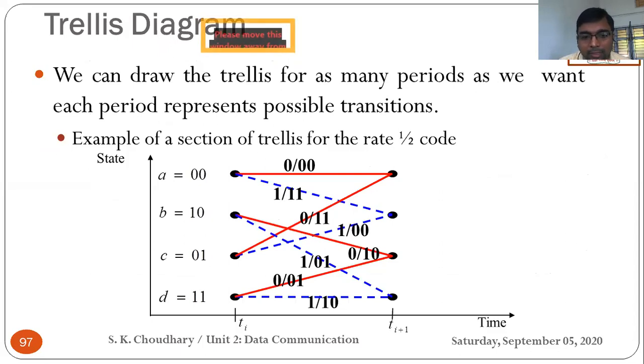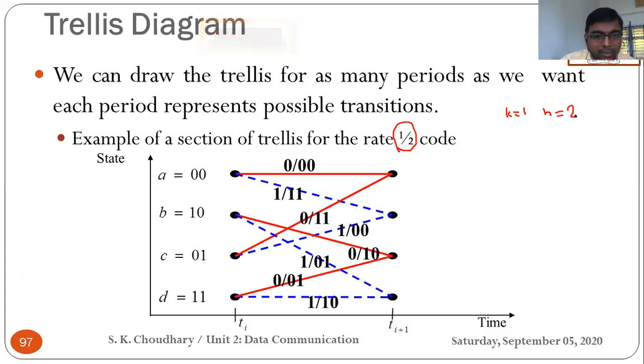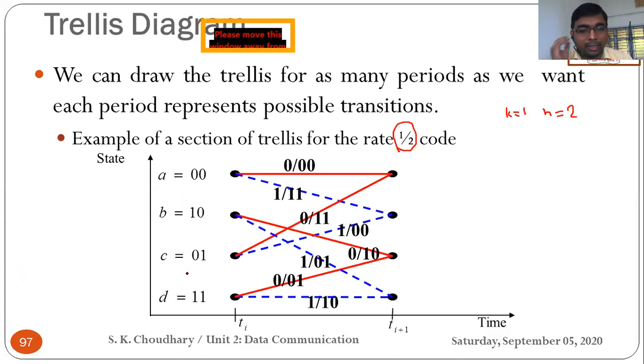This is one section of the trellis diagram, and it is for code rate 1/2, so k is equal to 1 and n is equal to 2. As per our discussion, the number of possible states is 4: A, B, C, D, as we took in the state diagram. A is 0 0, B is 1 0, C is 0 1, and D is 1 1.